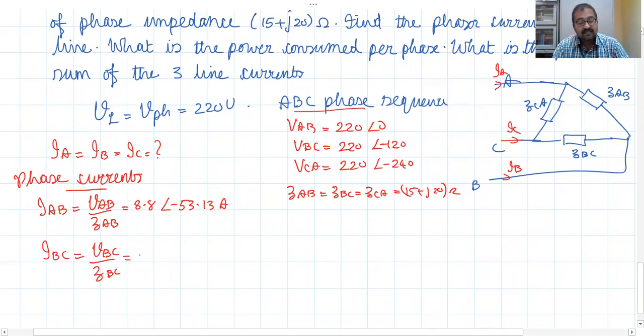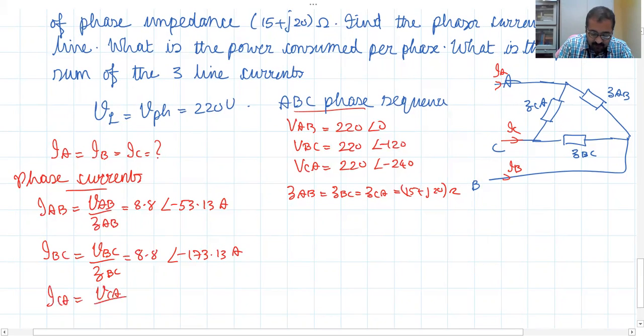Keep in mind it's a balanced system, so magnitude will remain the same and there will be an angle difference of 120 degrees. So you can simply add minus 120 to minus 53.13. You should get minus 173.13 ampere. Then ICA will be VCA divided by ZCA. So you should get 8.8 angle, add another minus 120 to this, you will get minus 293.13 ampere.